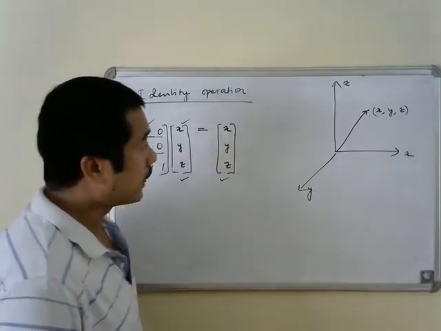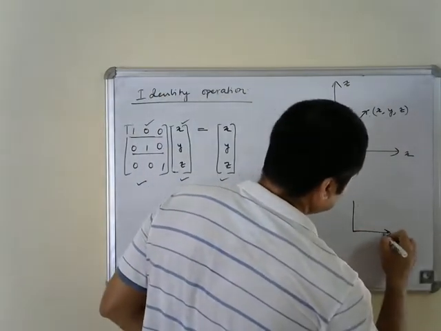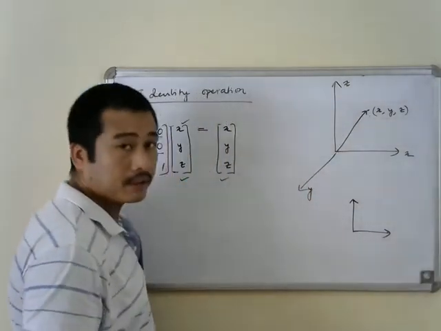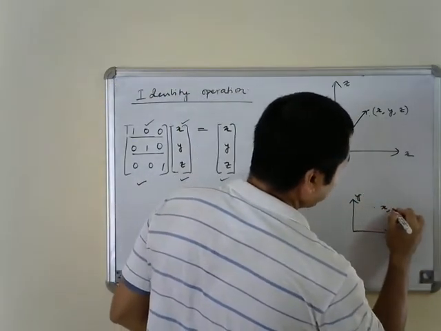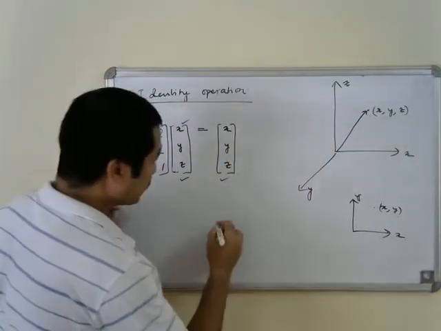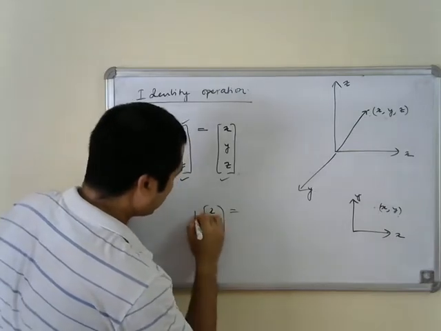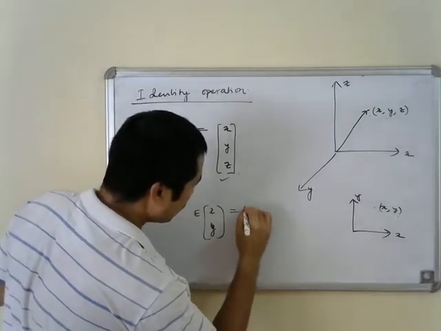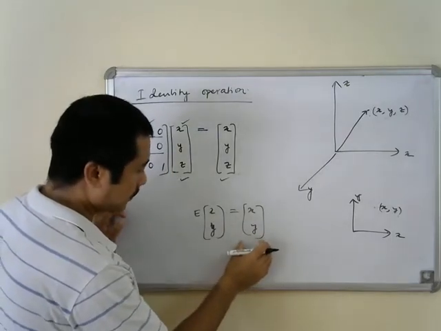Now if you take only 2 dimensions as the basis, that is x and y only, and the point will now have coordinates x and y only, in that case the identity operation on x and y will give us x and y, and this matrix over here.